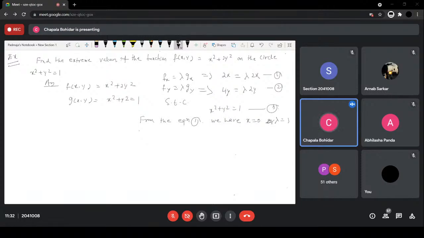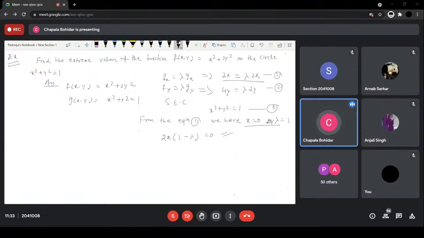This implies x is equal to 0. Is it clear? Yes, ma'am.